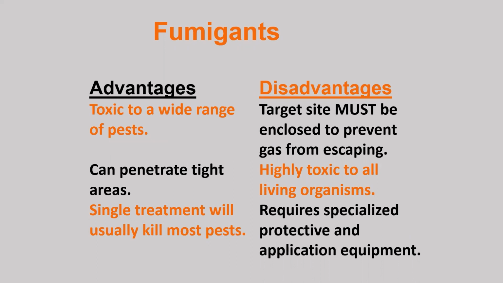I know nematodes, one of the only ways to get rid of nematodes is fumigants. Some of the disadvantages are the target site must be enclosed to prevent gas from escaping. They're highly toxic to all living organisms, and they require specialized PPE and application equipment.